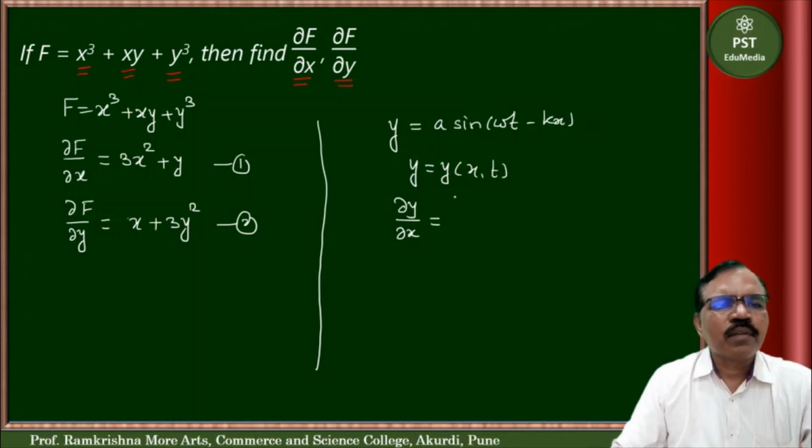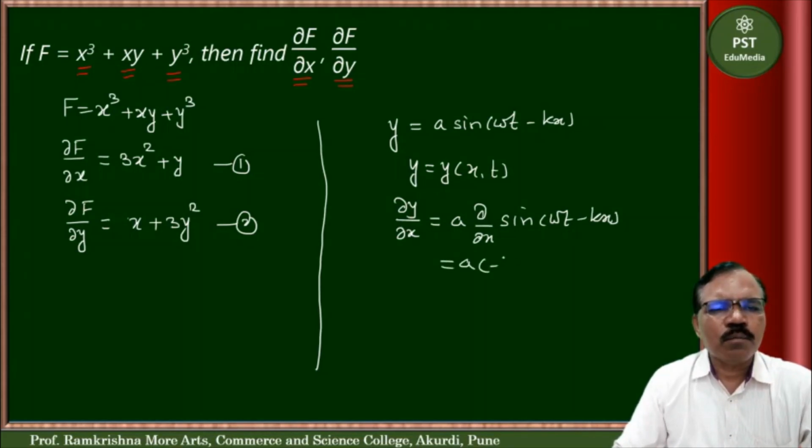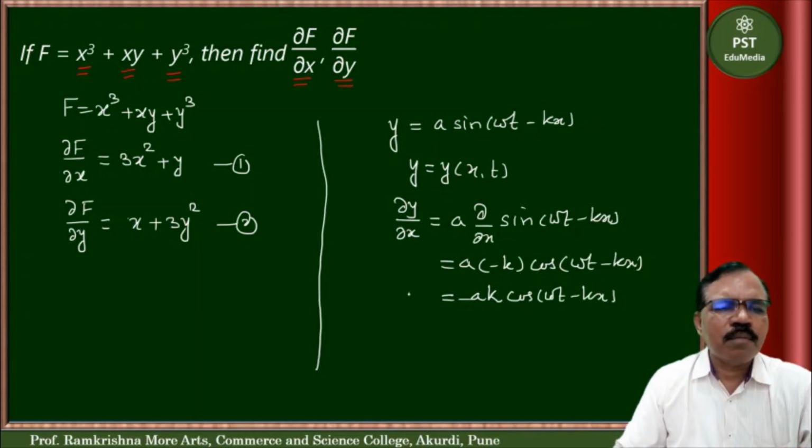That is, A is constant, dabba by dabba x of sin omega t minus kx. So here we get A into minus k cos omega t minus kx. So it is minus Ak cos omega t minus kx. This is dabba y by dabba x.